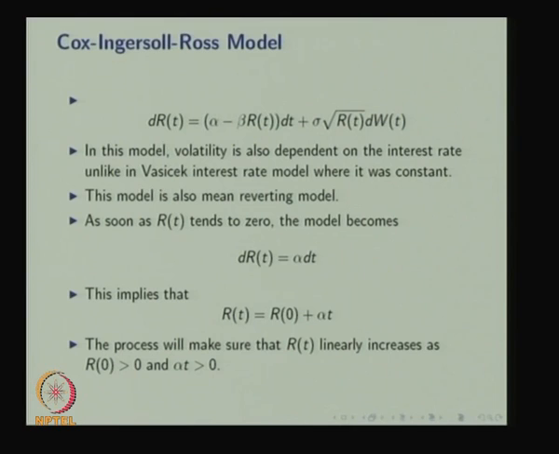Now we are moving into the CIR model. This is also an interest rate model, and this also has application in financial mathematics. So, the underlying stochastic differential equation is dR_t equals (alpha minus beta times R_t) dt plus sigma times the square root of R_t dW_t.